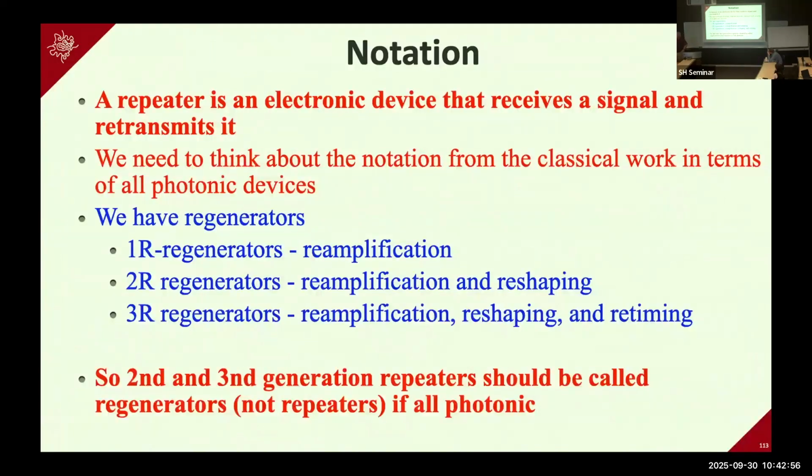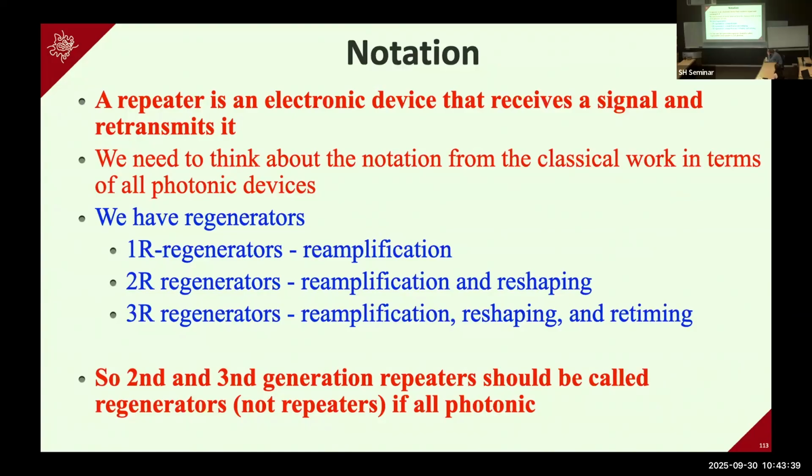Some notation I just want to come back to because I was asked. From the classical world, a repeater is an electronic device that receives a signal and retransmits it, okay? In the classical world, we have made a very big point of distinguishing all photonic repeaters from the ones with electro-optic devices.